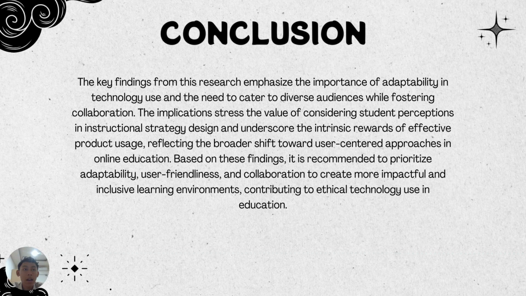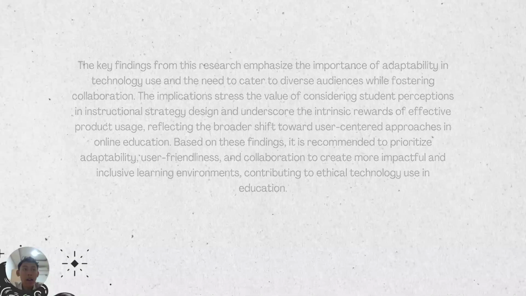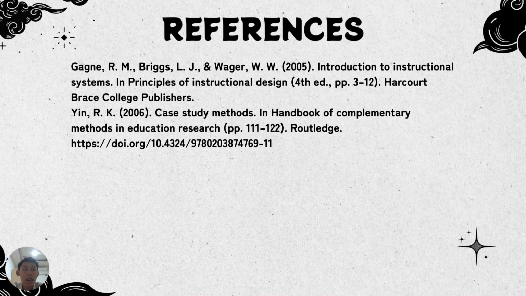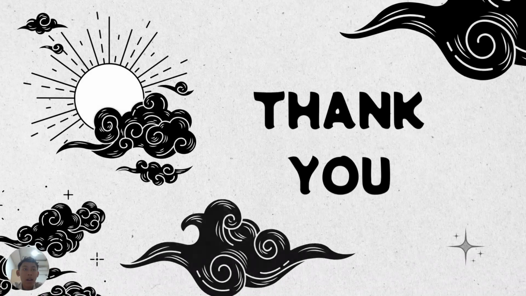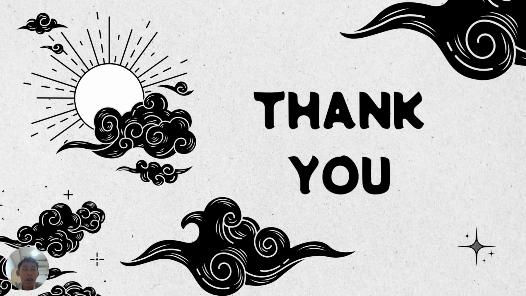So based on this finding, the recommendation is to prioritize adaptability, user-friendliness, and collaboration to create a more impactful and inclusive learning environment, contributing to ethical technologies in education. So this is what I can share about my research. And this is the reference, and thank you very much.